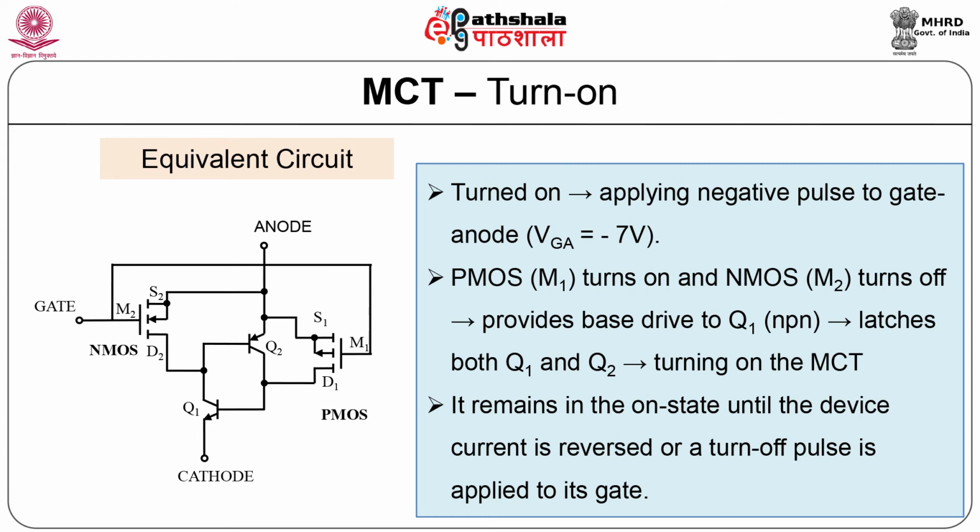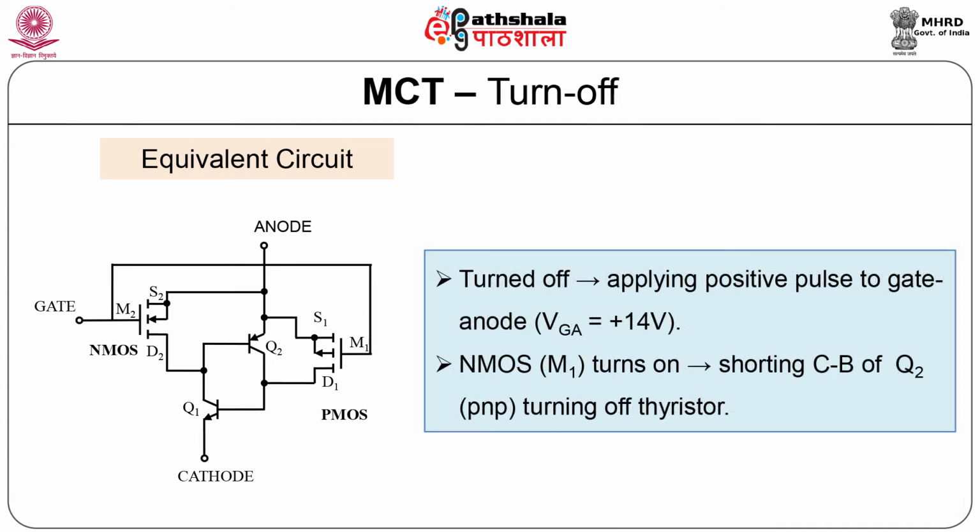To turn off, a positive pulse is required across gate and anode. By applying positive gate pulse, NMOS will turn on and the emitter base of Q2, that is PNP transistor, will short, turning off the Q2, and the thyristor will turn off.